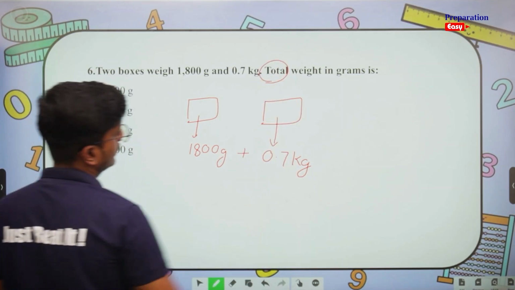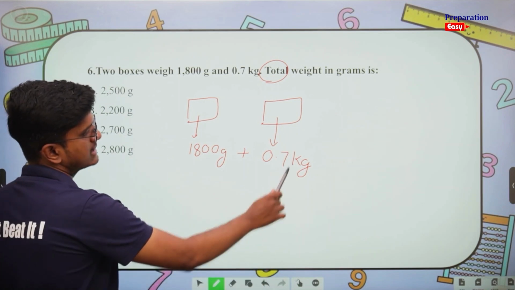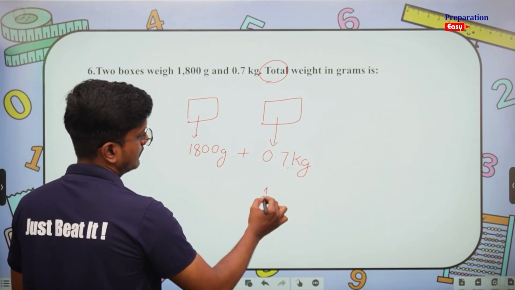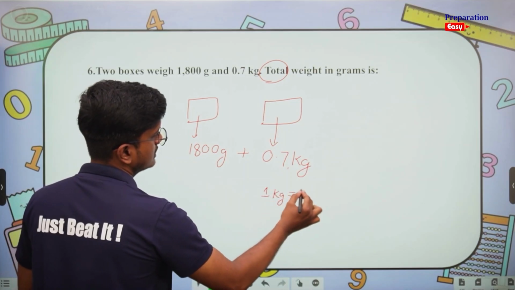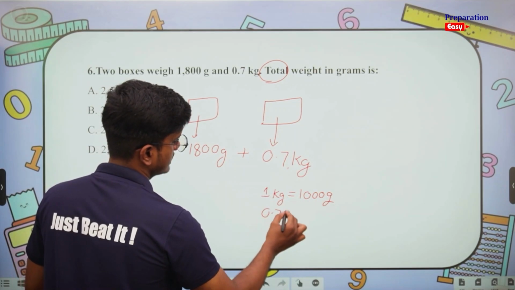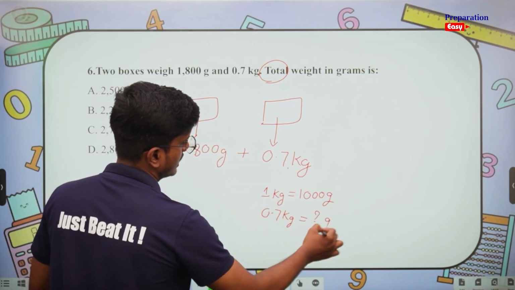Total means we have to add them together. Now let's convert this kg into gram. We know that 1 kilogram is 1000 grams. So 0.7 kgs is equal to how many grams?